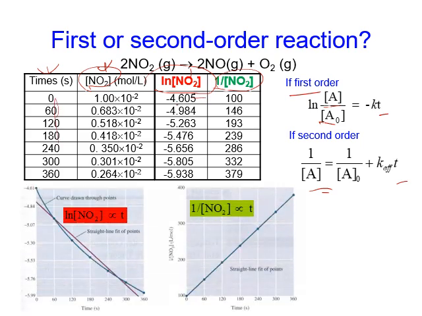Here are the 2 plots. You can see the inverse is a straight line, but the natural log, the blue one, is not a straight line. That means it's not a first order reaction, but it's a second order reaction. And the slope is calculated to be 0.775. That's the rate constant for this second order reaction.